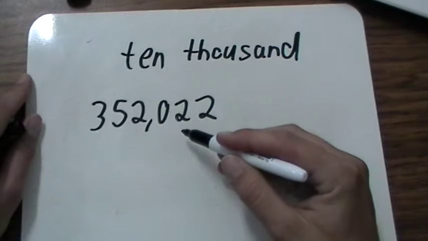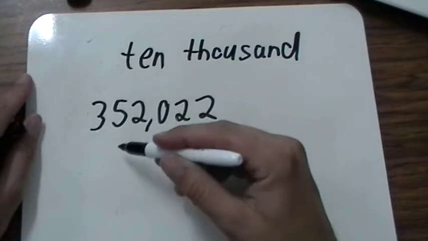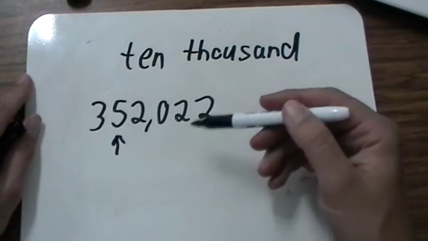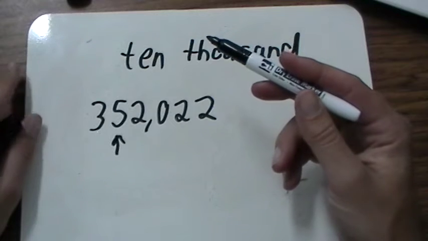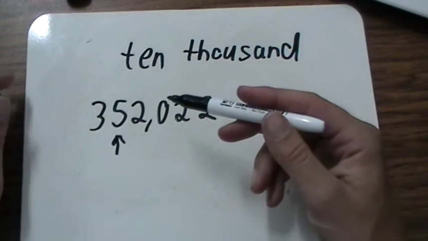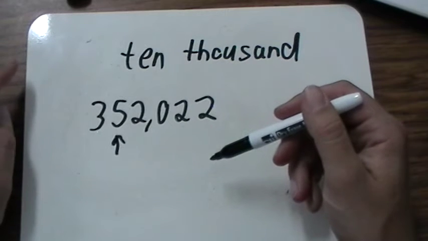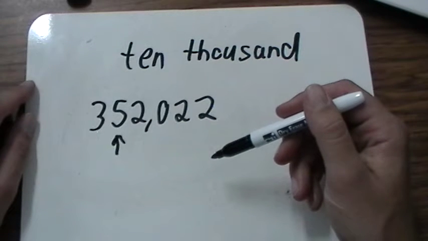Ones, tens, hundreds, thousands, 10,000s, ding, ding, ding. So that means I'm either going to round up to 360,000, or round down to 350,000.